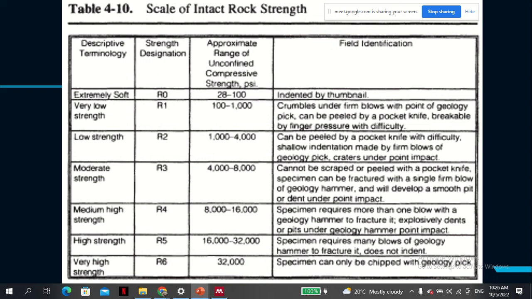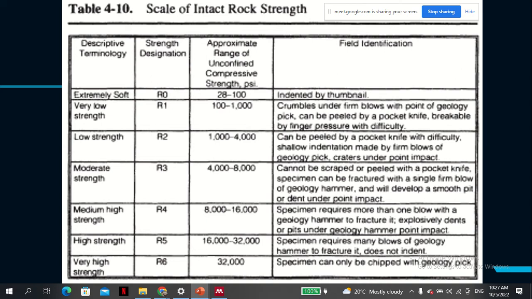And please note the unconfined compressive strengths are in pounds per square inch. So for very low strength, it is 100 to 1,000. Crumbles under firm blows with the point of a geology pick, can be peeled by a pocket knife, breakable by finger pressure with difficulty.